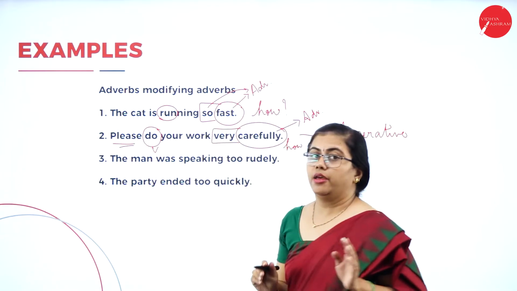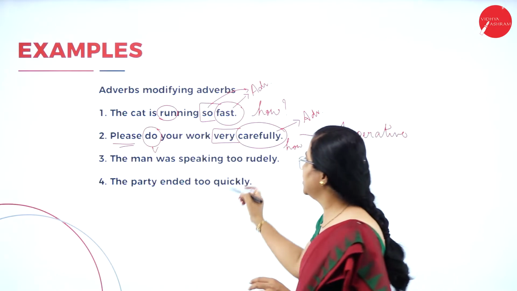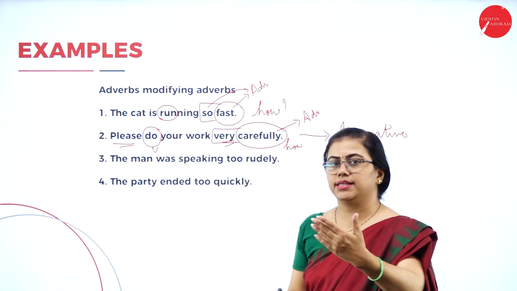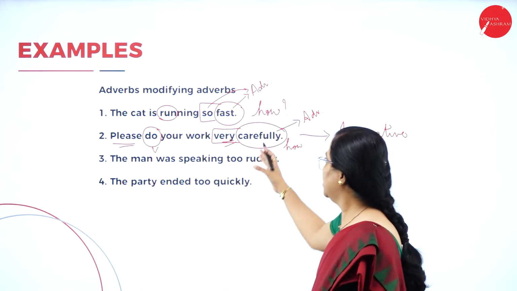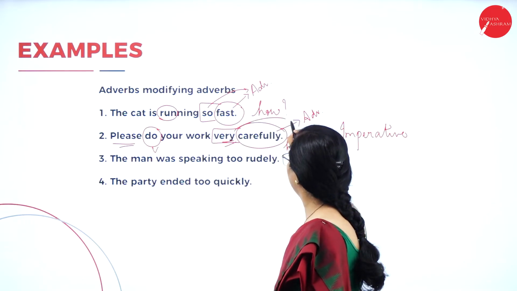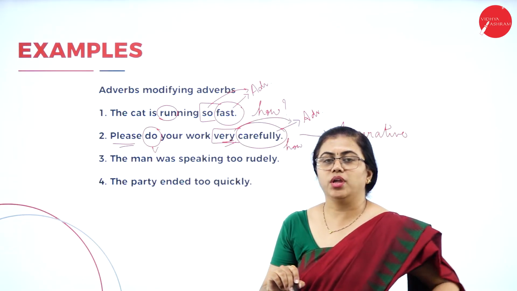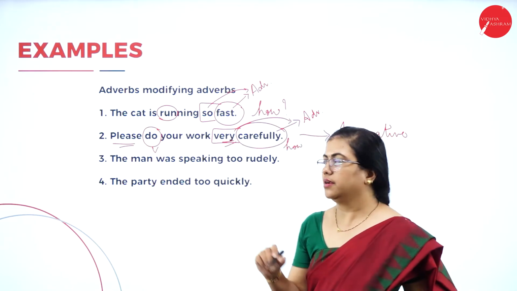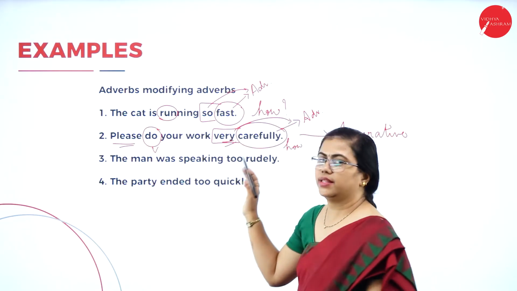We should do it very carefully. So this is telling us how carefully we should do. That means it is again describing, telling us more about the adverb. Again, this also becomes an adverb. It is describing more about another adverb. So, adverb modifying another adverb.